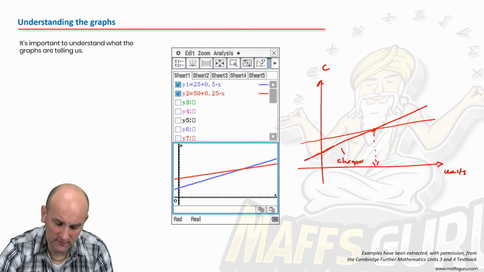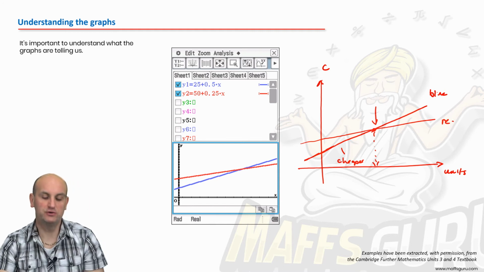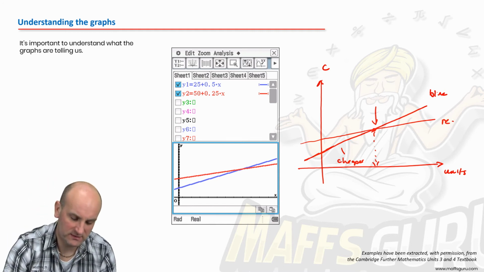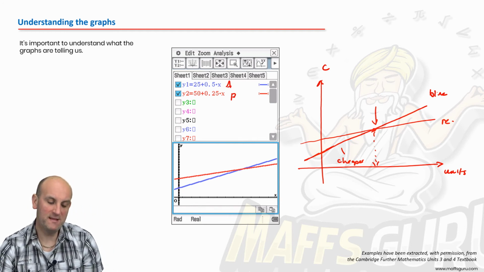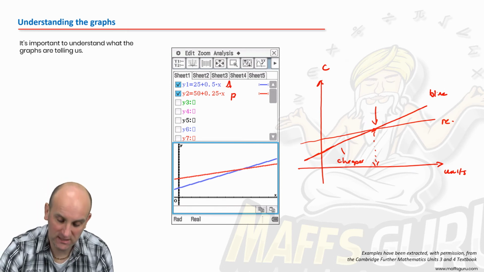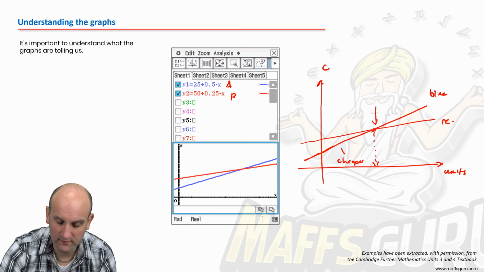But after this point, it's actually more expensive to have the blue line than it is to have the red line. So depending on, I think this one was method A and this one here was method B, what we can see is method B becomes cheaper, right? So method B becomes cheaper after this point here.